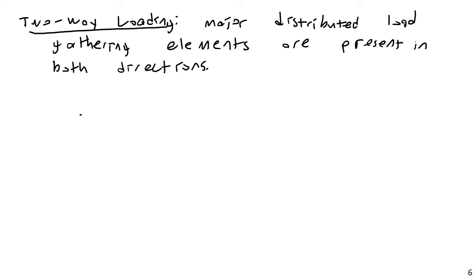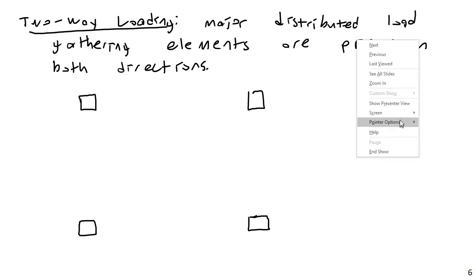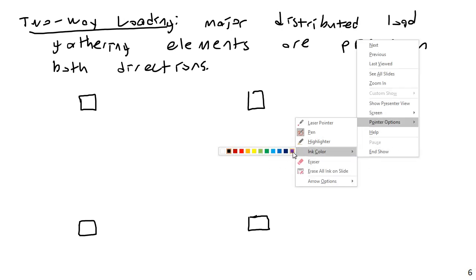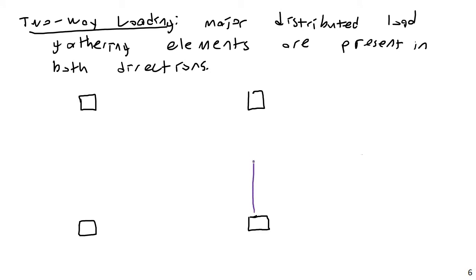So for example, imagine I did something like this. Let's say I have my columns again. And this time, instead of girders traveling in just one direction, I'm going to put big girders in both directions. I'll have major girders going like this in between the columns.